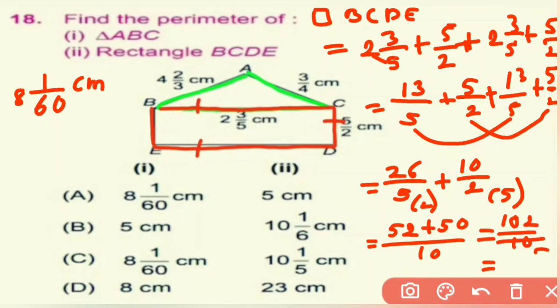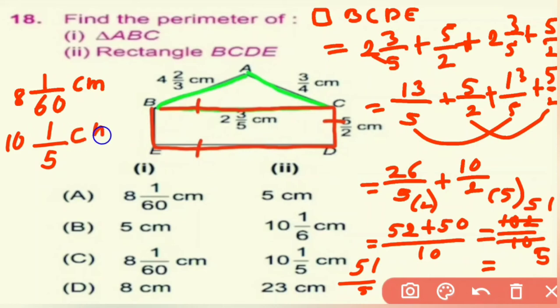Here 2 fives are 10 and 2 fives are 10 and 2 ones are 2, means 51 by 5. Now we convert it into a mixed fraction. So here 5 tens are 50 and 1 is 51. So the perimeter of the rectangle is 10 1 by 5 centimeters. Here C is the correct answer.